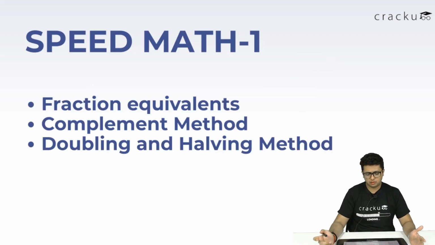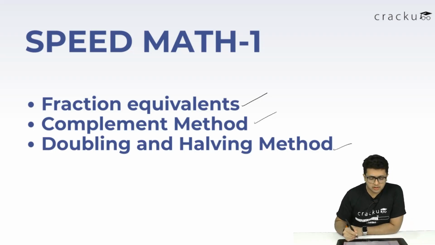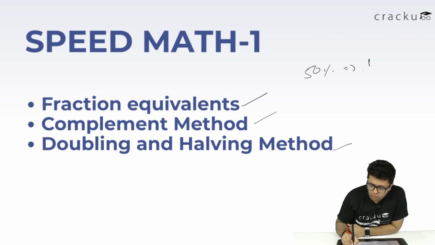Right. So I've basically divided this video into three parts: fractional equivalence, complement method, and doubling and halving method. So basically I'll just give you a gist of what these three are before we start with the video exactly. Fractional equivalent, let's say for example 50% is nothing but 1 by 2 of whatever needs to be calculated.